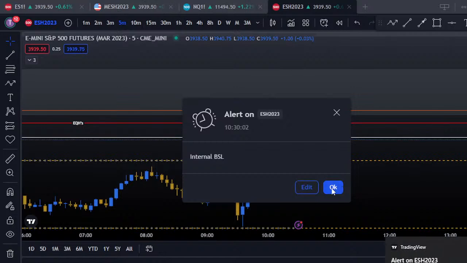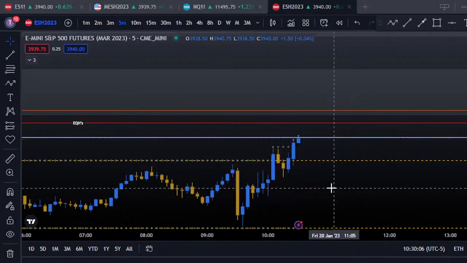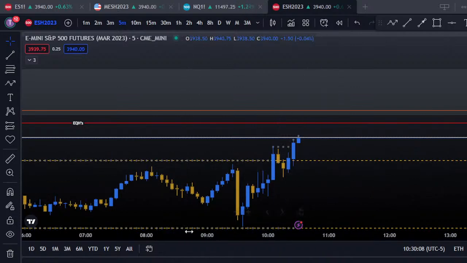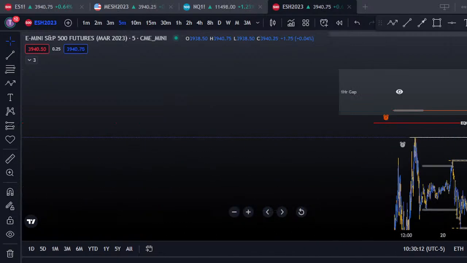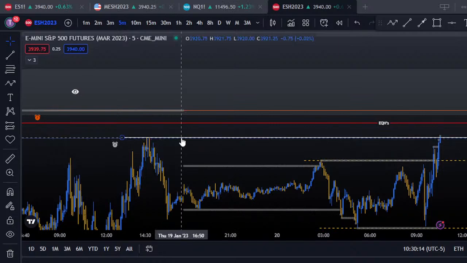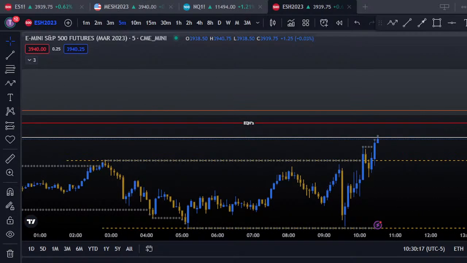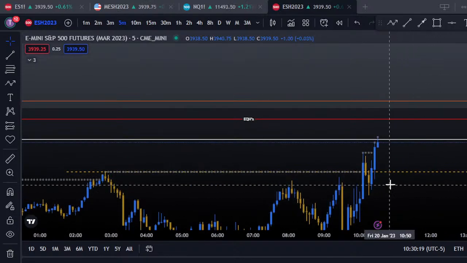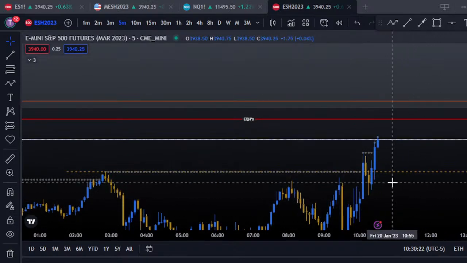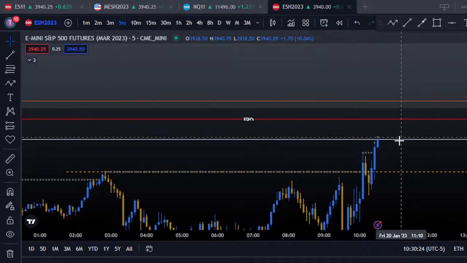Yep, there we go. Took out that internal buy side from here. I just keep it there for a second so I can see. Yeah, I think it's gonna keep going. Who knows? Might play around for a little bit. But anyway, I'll be back another time.